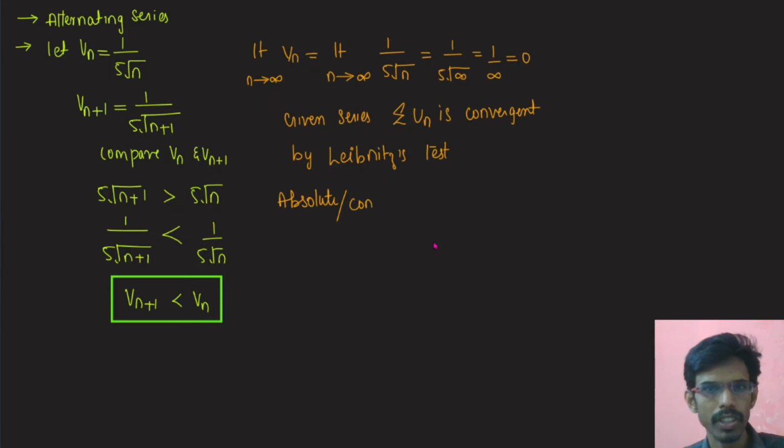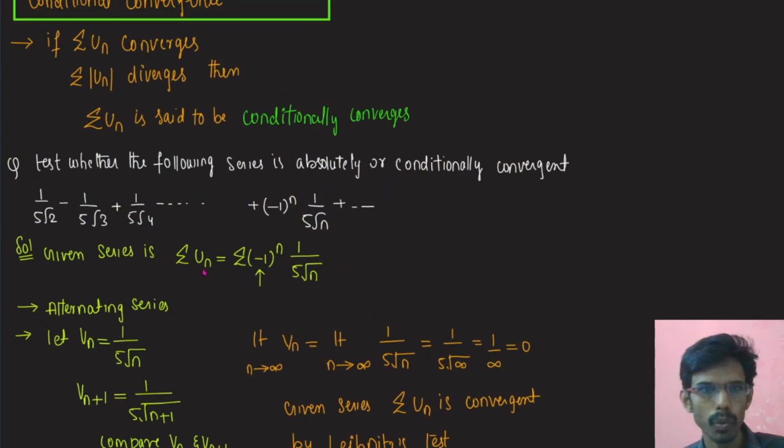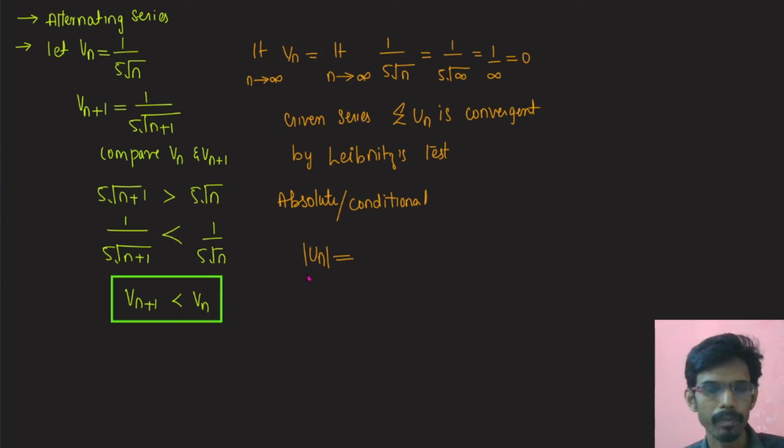Absolute or conditional convergence. For that we take mod un. Mod un will be, here we have this un, removing the minus 1 power of n, we have 1 by 5 root n.